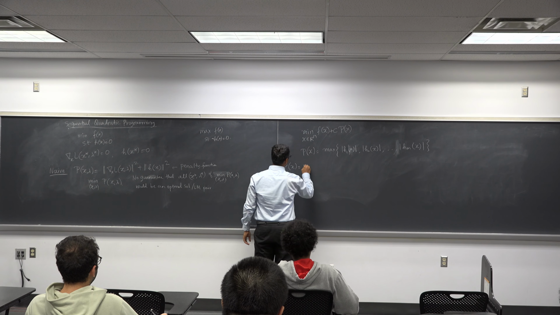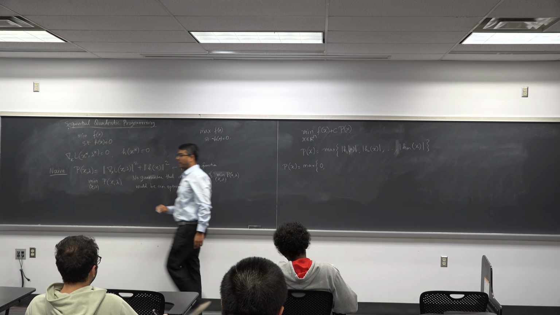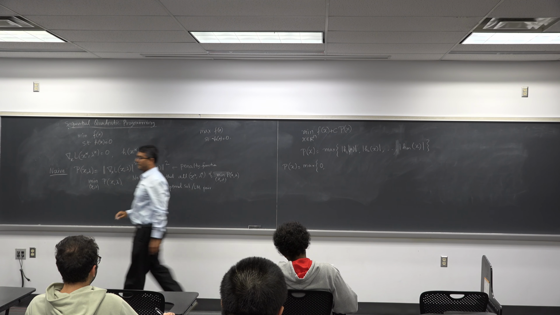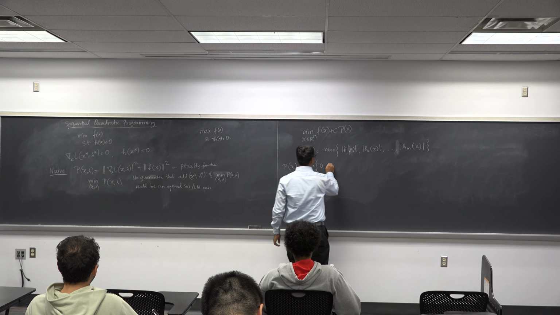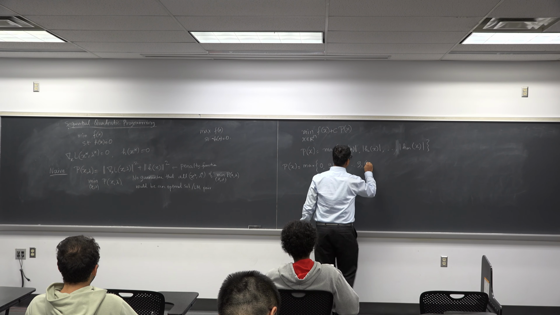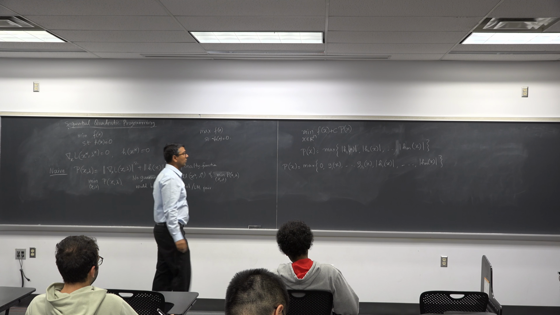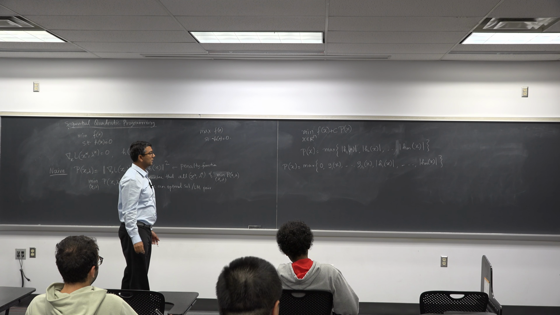P of x equals max of 0, g1 of x, up to gr of x, absolute value of h1 of x, up to absolute value of hm of x. This is the penalty function for the inequality constraint case.